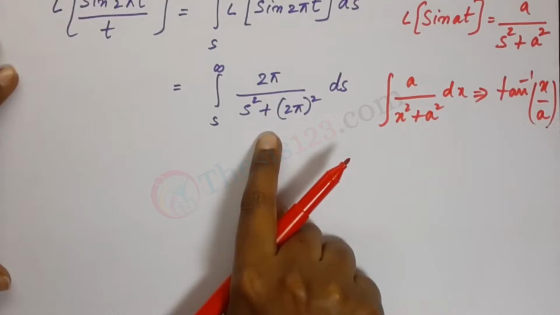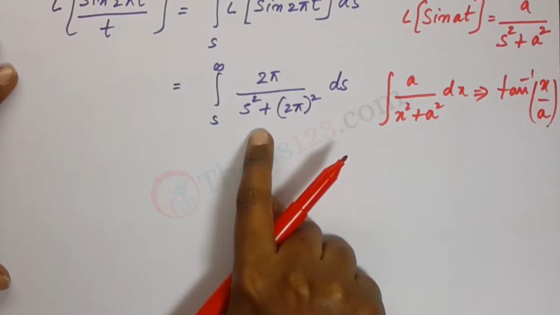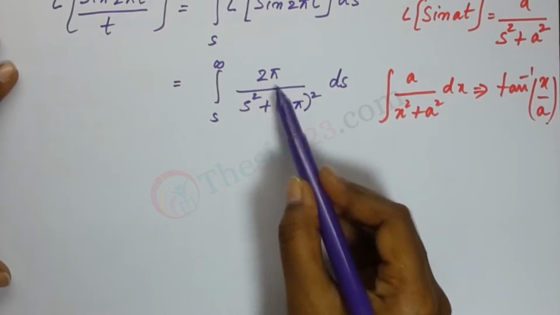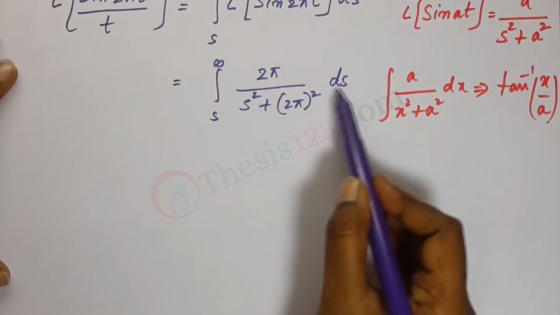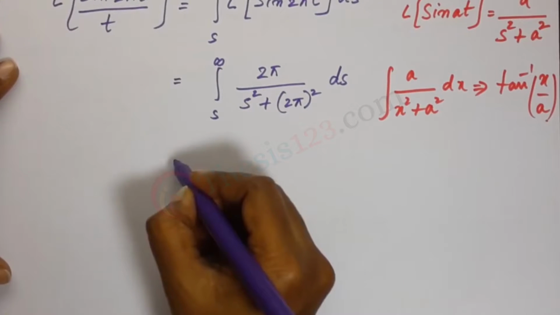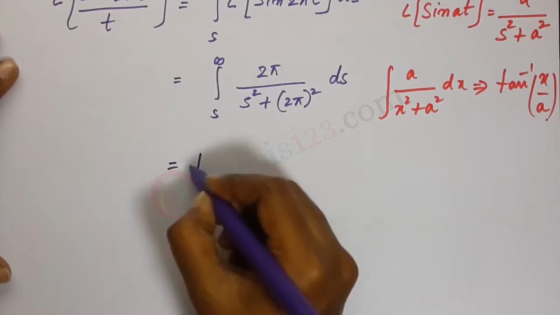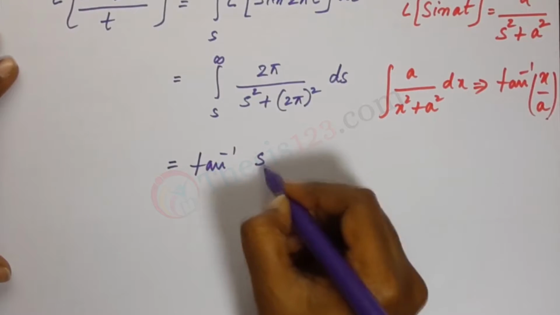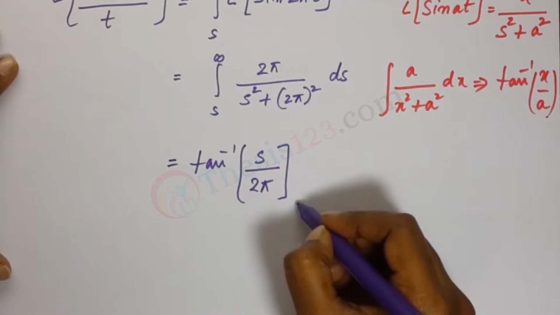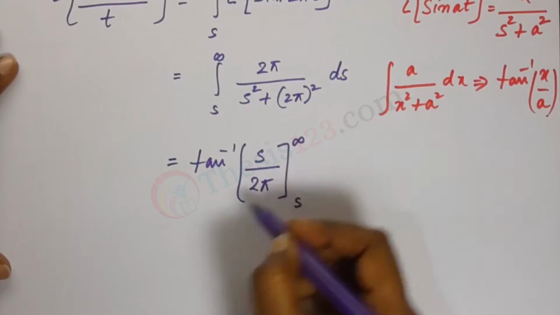This is what we are going to use here. So the integral from s to infinity of 2 pi by s square plus 2 pi whole square ds, we relate to this formula, and we can write this as tan inverse of s by 2 pi, from s to infinity.